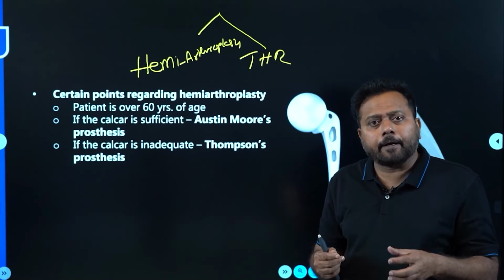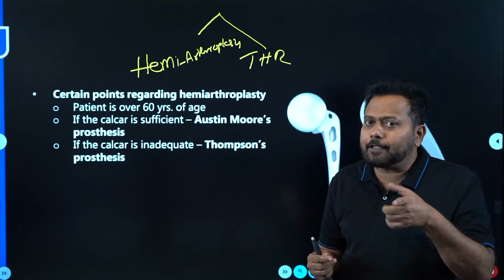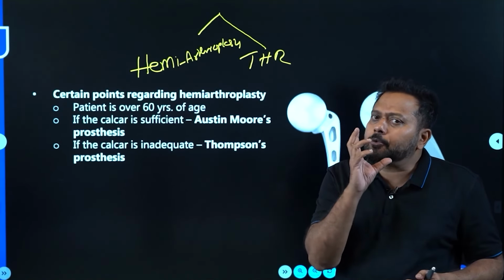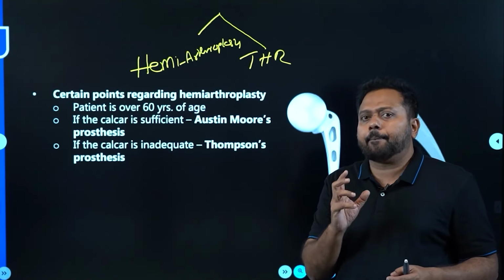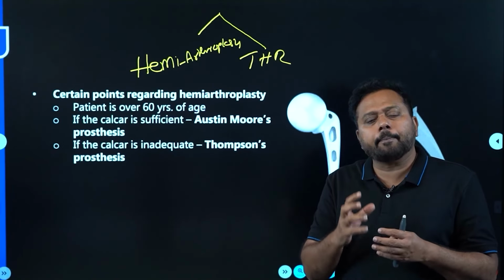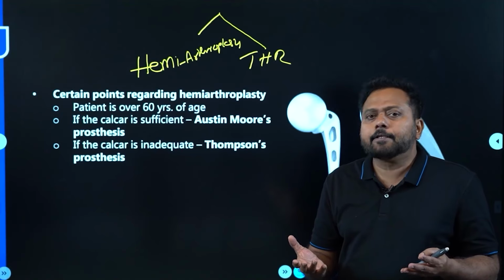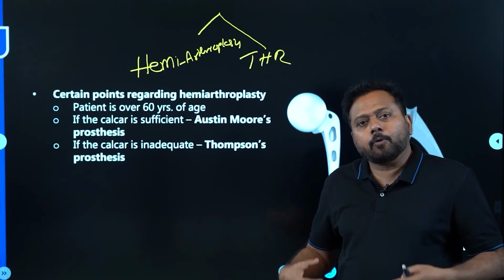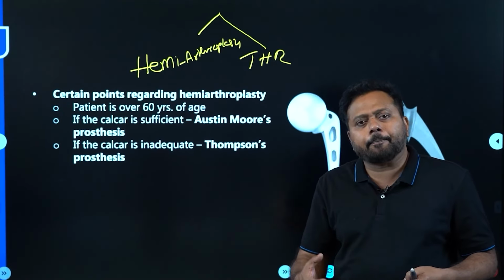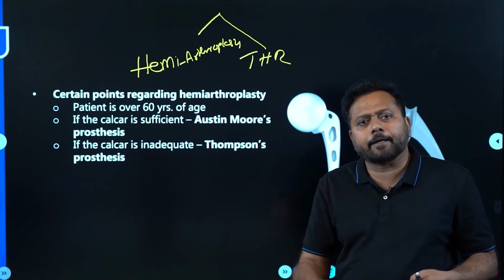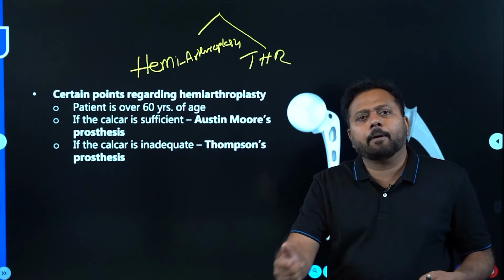See, what will happen if the acetabulum is damaged and I change only the head and neck? The prosthesis will go and rub against the acetabulum. Won't it cause pain? Definitely, severe pain. What is the very purpose of doing surgery in orthopedics? A pain-free mobile life.